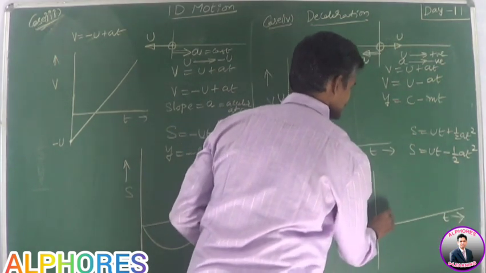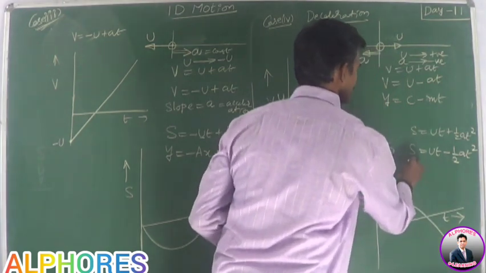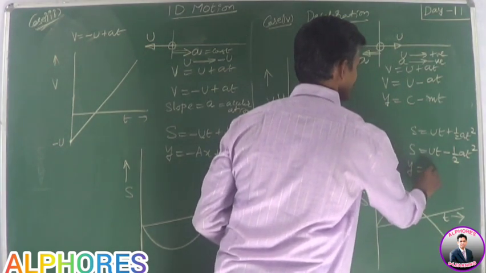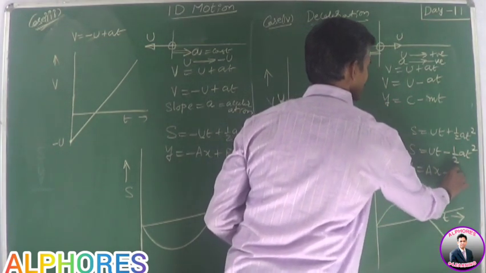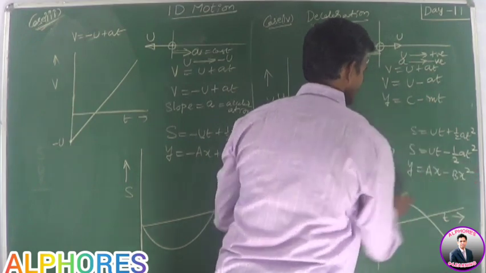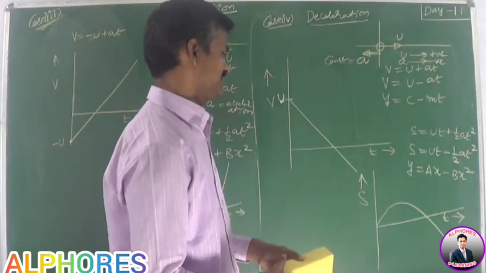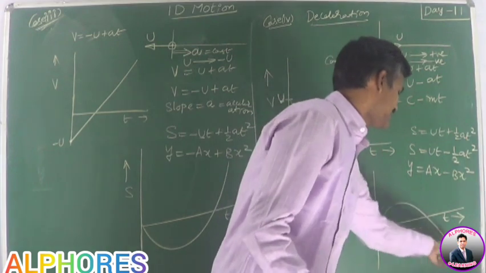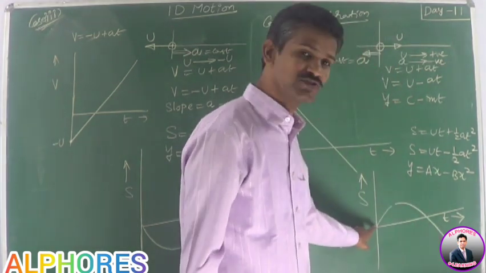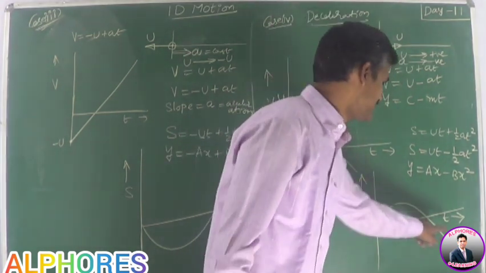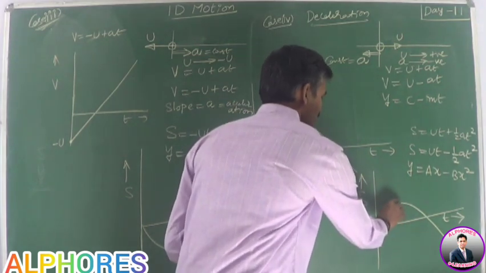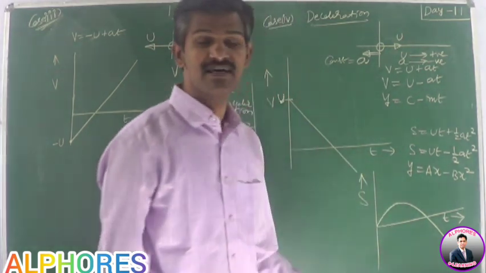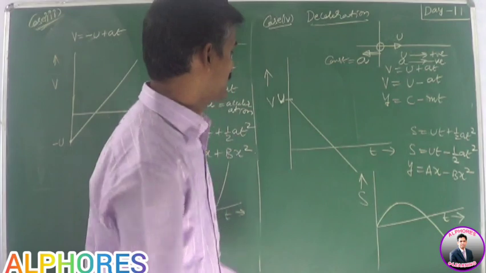The graph is like this. If you have a function like ax minus bx square, the nature of the graph is like this. Initially it has a positive slope, thereafter it has a negative slope. The graph is an inverted parabola. Right.